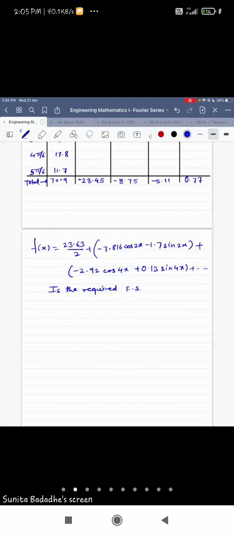Many students have not raised the hand. Whether it is not clear to you, you can say no. If you have not understood, you can say no. Some kind of reply I need, either yes or no. Okay, Vaibhav Shinde is saying it is not clear.